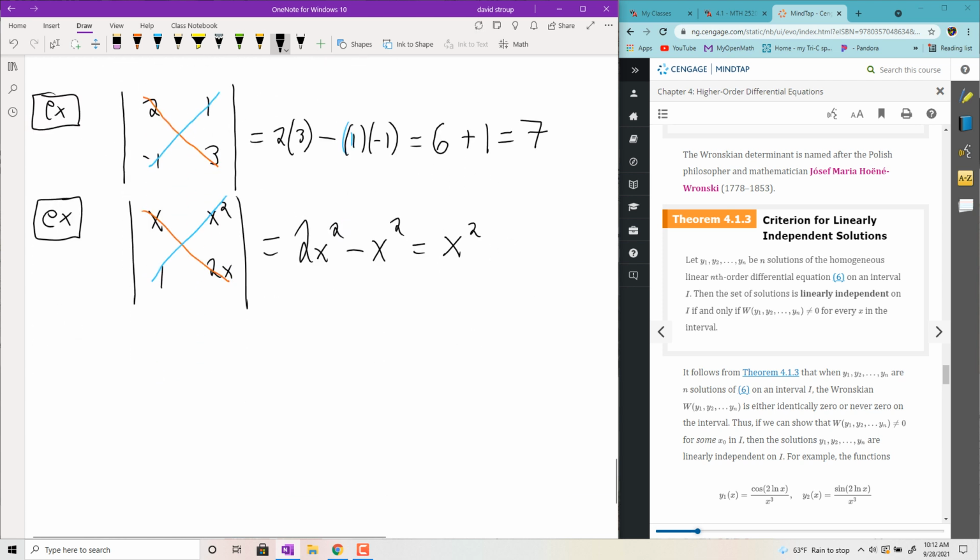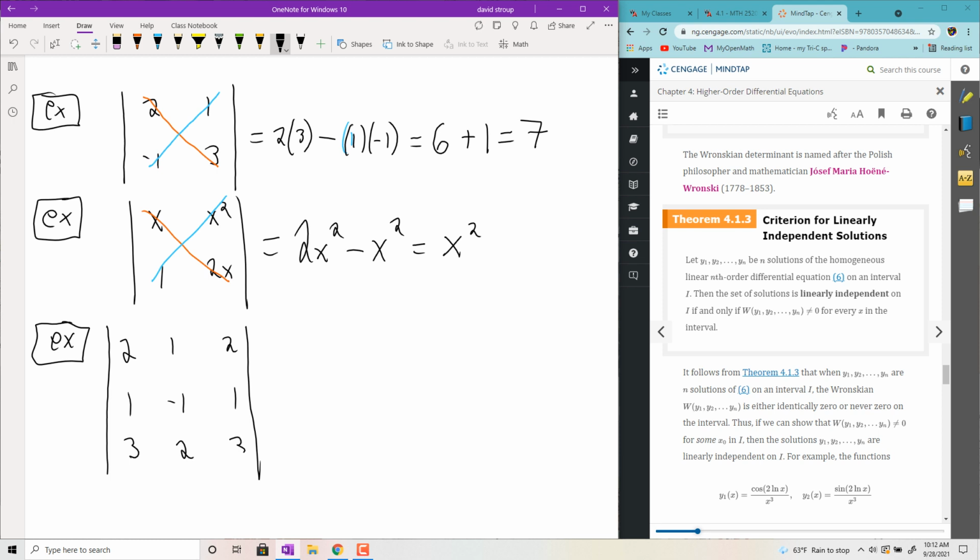Okay, that's the 2x2. Then 3x3 determinants are a little more complicated, but if you know how to do the determinant operation, you could do a 3x3, no problem. So let's do 2, 1, 2, 1, -1, 1, and 3, 2, 3. Okay, so how does this work?